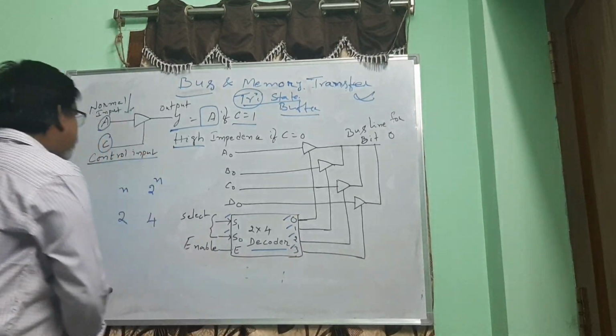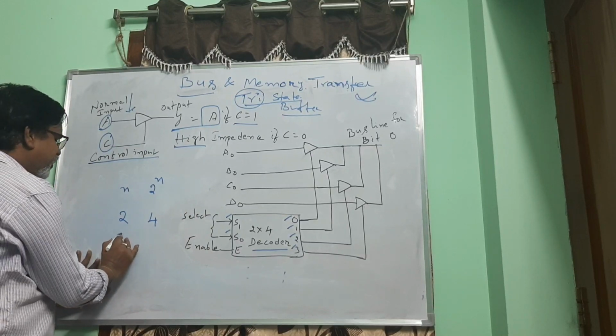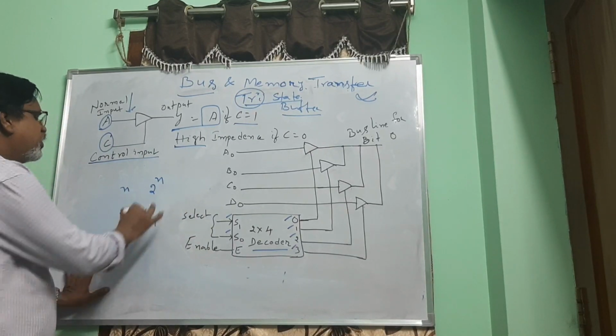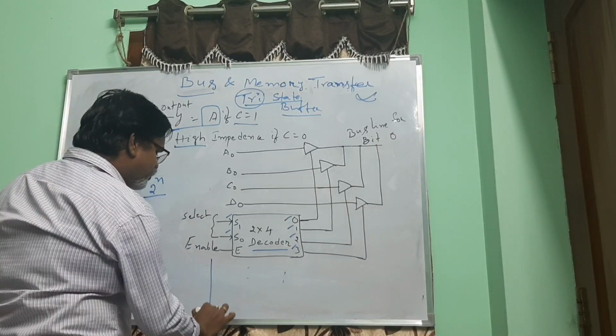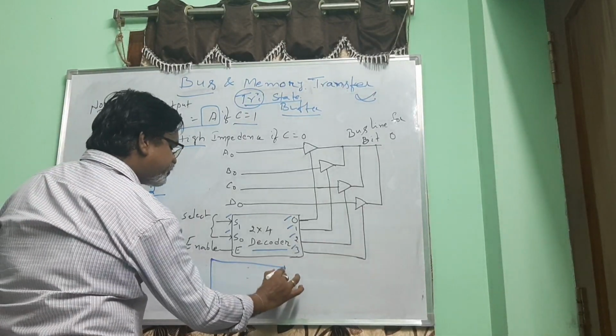For example, if the decoder has 3 inputs, 2 power n outputs means there will be 8 outputs. Let's see how it looks.